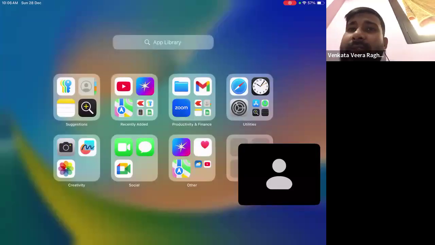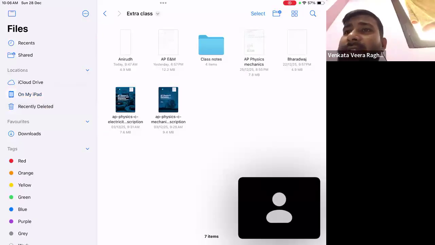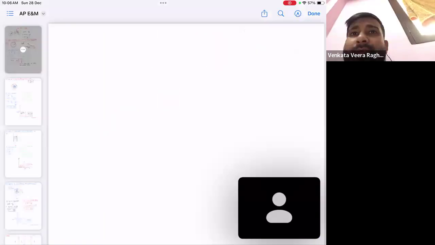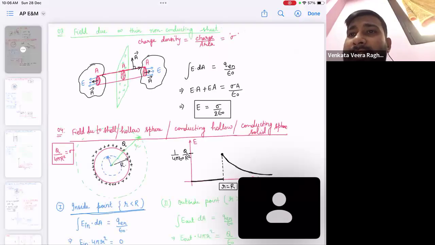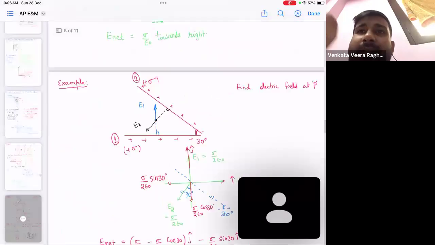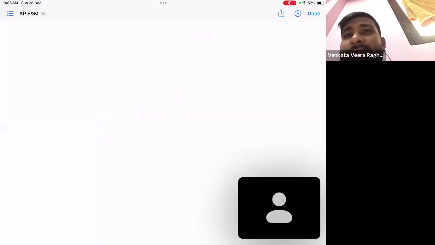Okay, last class we discussed what is the electric potential energy, right? And the last thing we discussed was the electric potential. Electric potential energy and electric potential: what is the difference between these two? Electric potential energy is between a pair of charged particles, between any two charged particles we are discussing.